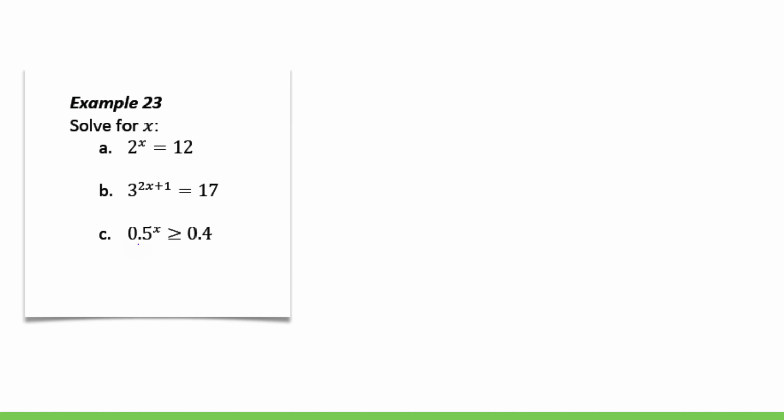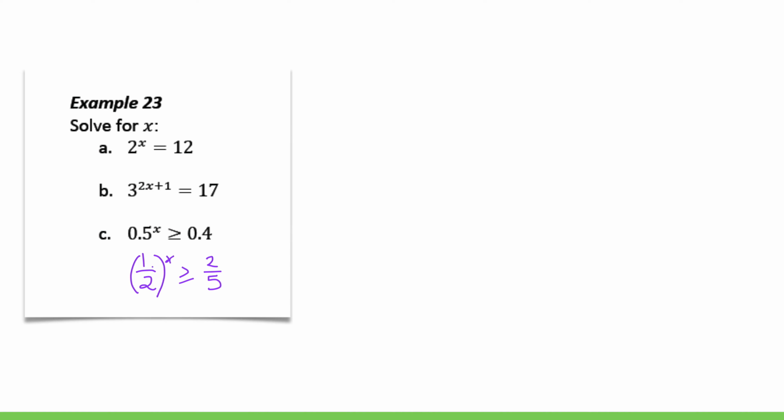For part C, I can just simply take the log of 0.5, but we want to avoid doing logs of decimals. So I will rewrite these firstly as fractions. So a half can be rewritten as 1 on 2, all to the power of x, and this can be rewritten as 2 on 5.